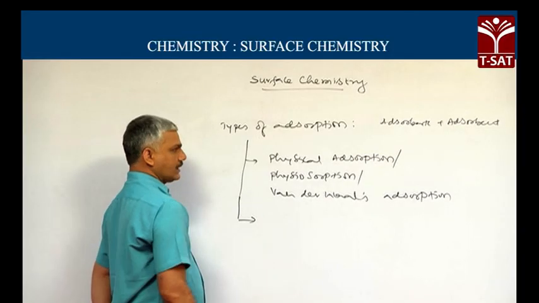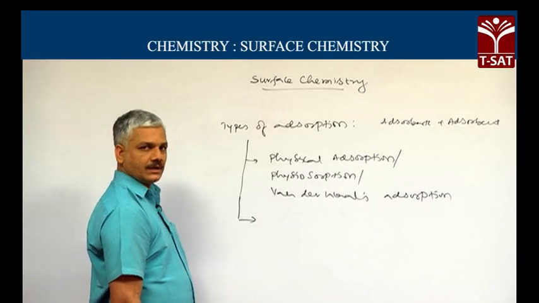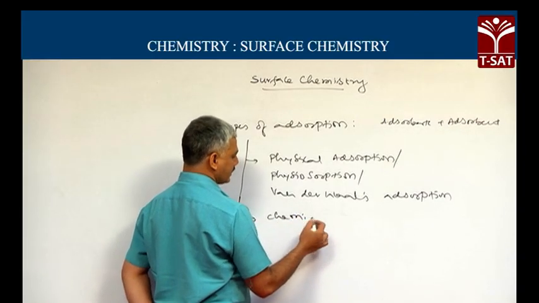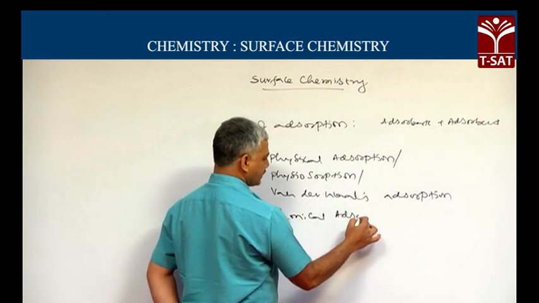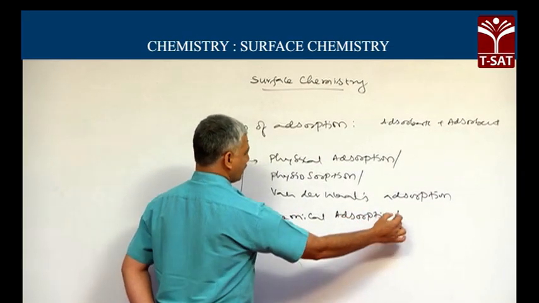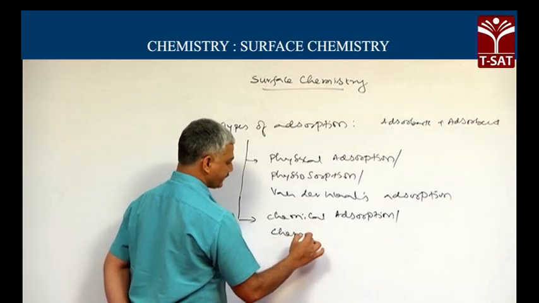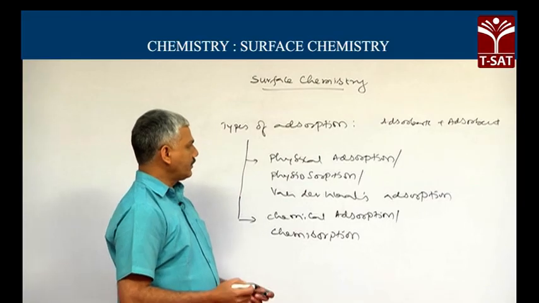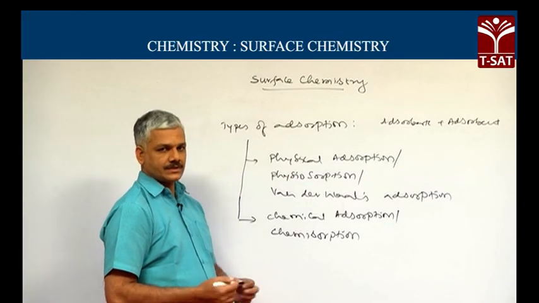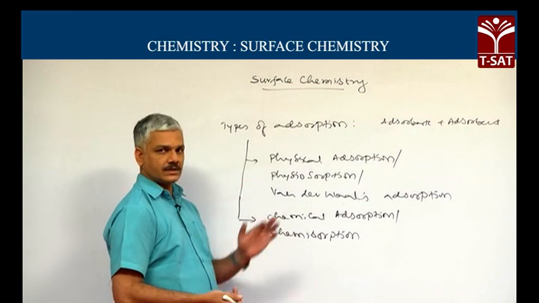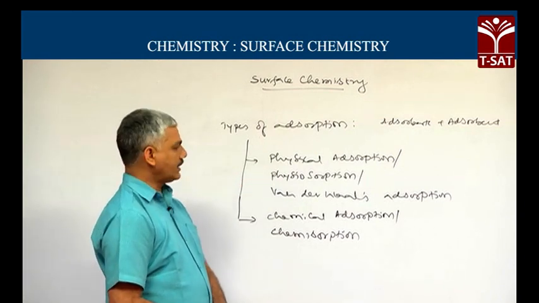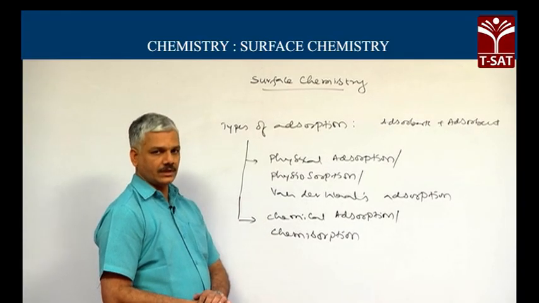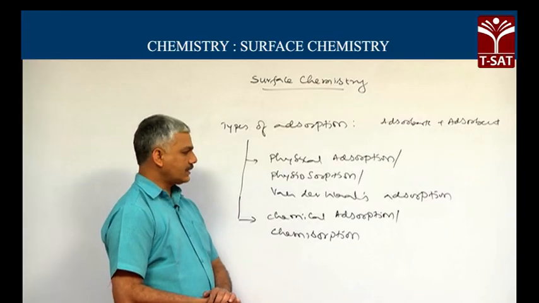If some kind of chemical bond formation takes place between adsorbate and adsorbent, then the process is called chemical adsorption, or chemisorption. Because of the magnitude of attraction forces involved, physical adsorption is always weak in nature and is reversible, whereas chemical adsorption is strong and is irreversible in nature.